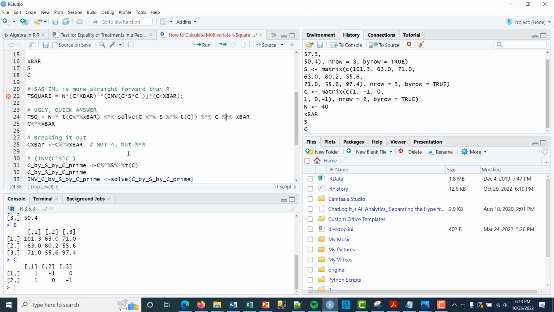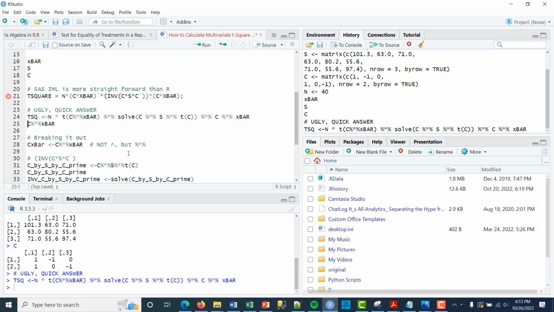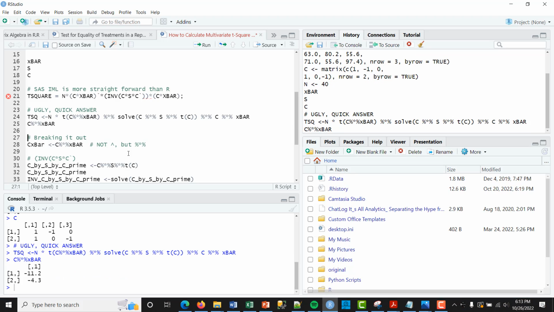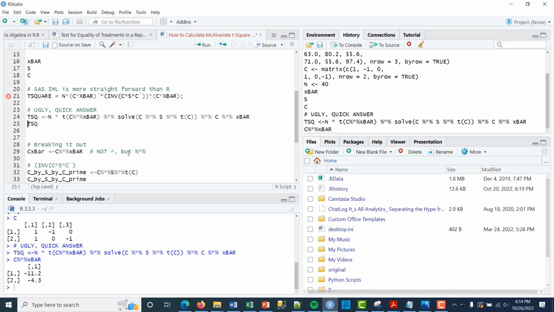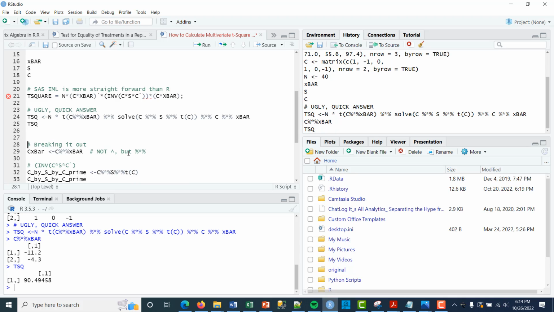So if we do this and we figure that, then we get, I meant to do t squared. And it's 90.49458.